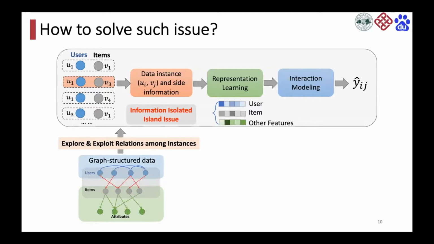Considering the data of recommender systems as graphs can provide a great opportunity to explore and exploit the relationships among the instances, so as to alleviate the information isolation issue.